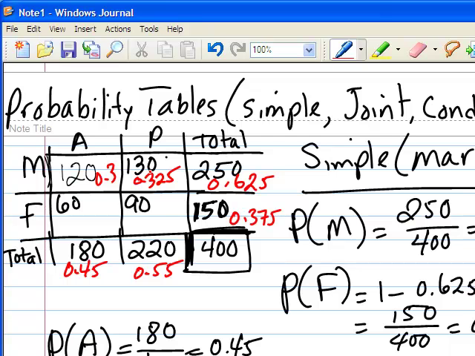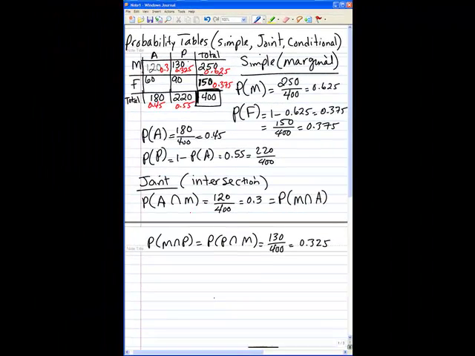The 120 and the 130 add up to 250. So these two joint probabilities, probability of A and M plus the probability of P and M, must equal probability of M.